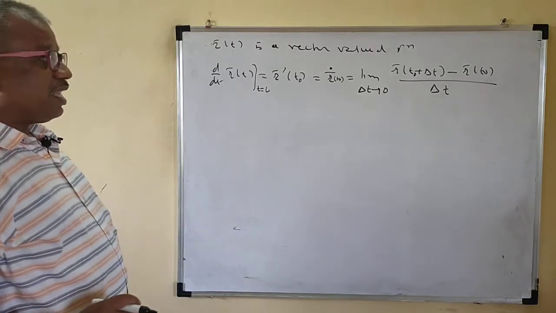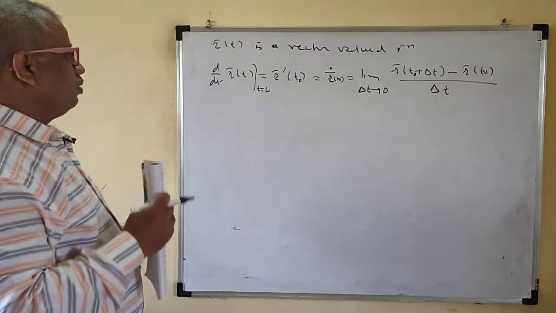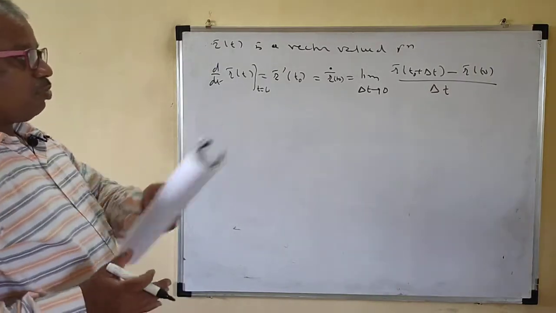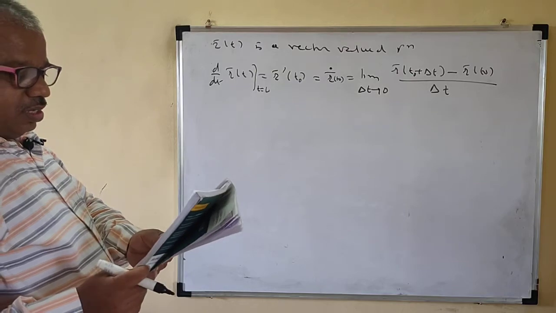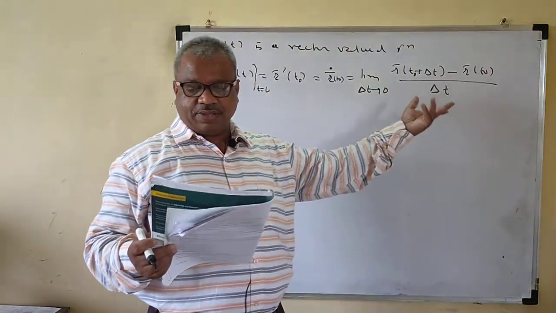If this limit exists, then it is the derivative. This is the formula from the first principle, so you are familiar with this one.